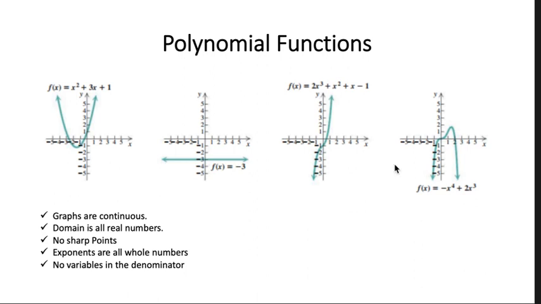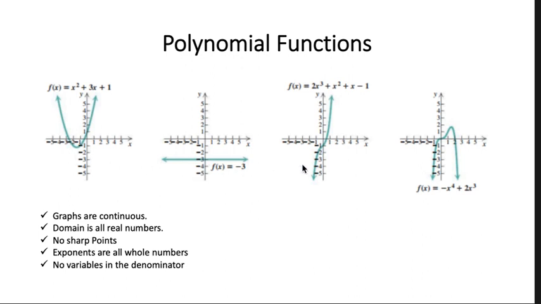Okay, let me show you a couple of things. First of all, these graphs are continuous. That means you can draw them without picking your pencil off the table. The domain of every one of these polynomial functions is all real numbers. That means it goes through every single x value.